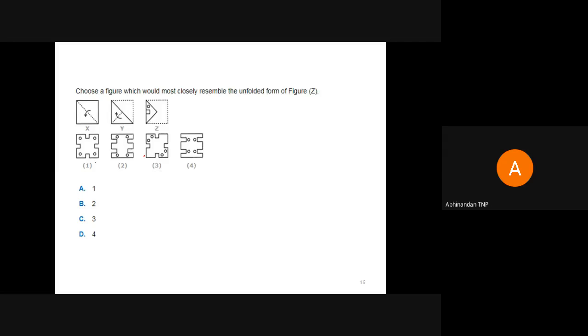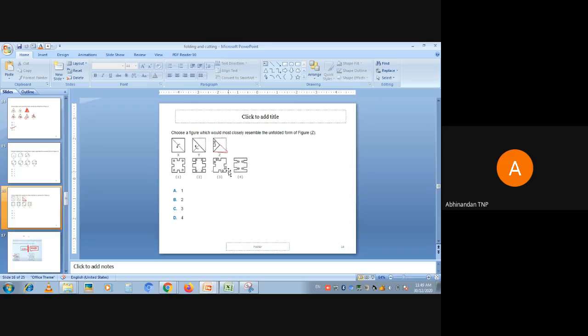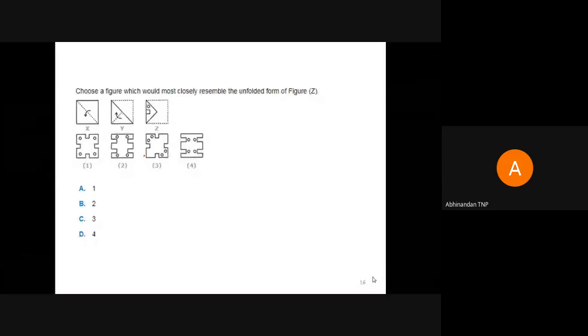Then we will go for another question. This is a square, again a triangle. Then here we have the small square and triangle, and a circle. You can unfold this. When you unfold this, you have to draw, or imagine yourself, what kind of image you get.